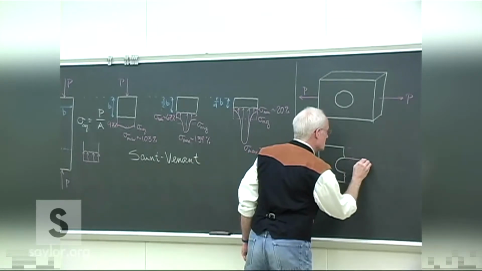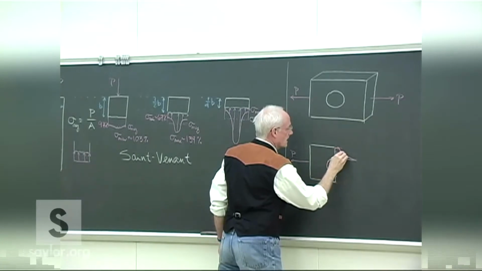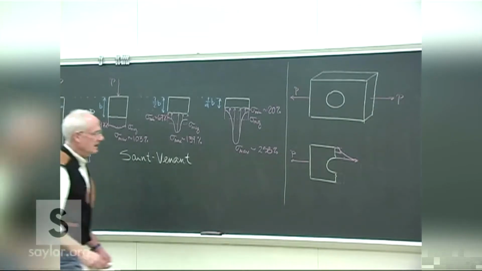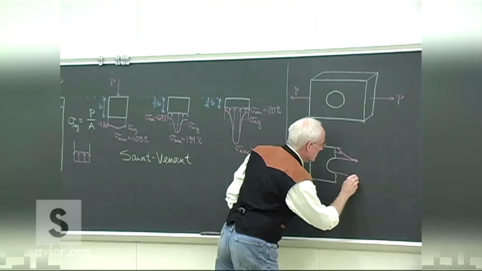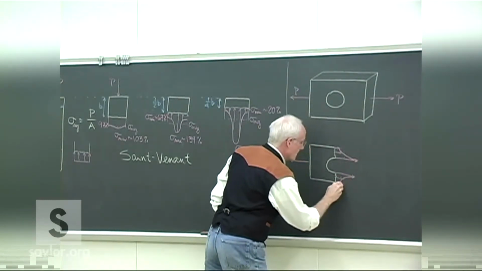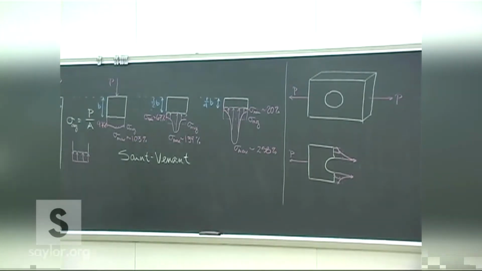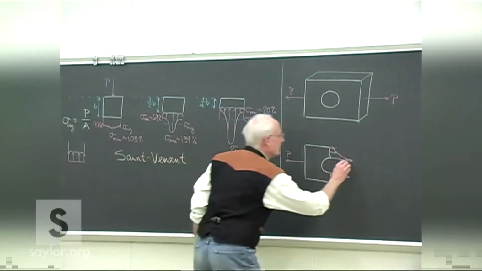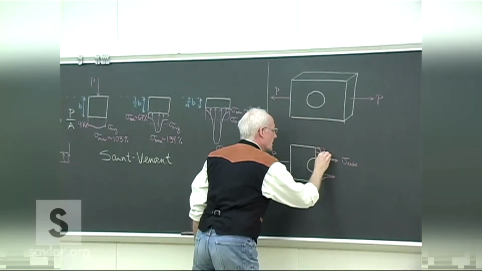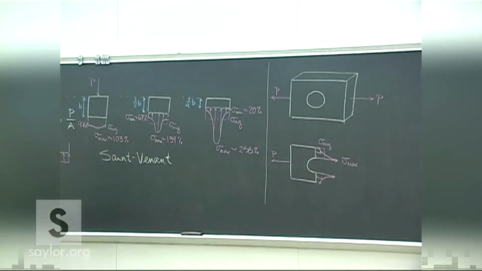And in this piece, it happens to look something like that. And that would, of course, be mirrored on the other side. Where now we're, again, grossly underestimating the maximum stress by our previous habit of using the average.